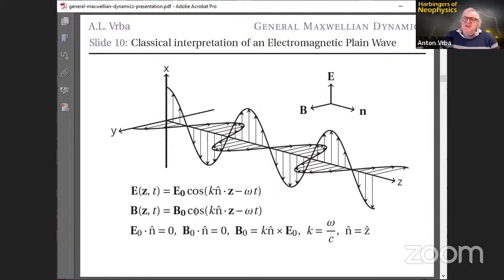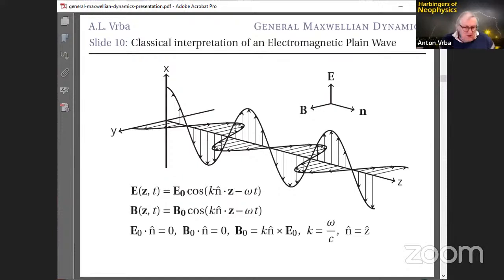This is the general, or the classical, interpretation of the electromagnetic plane wave. This is basically taken out of any textbook. We will note here that the vectors B and E are transposed.